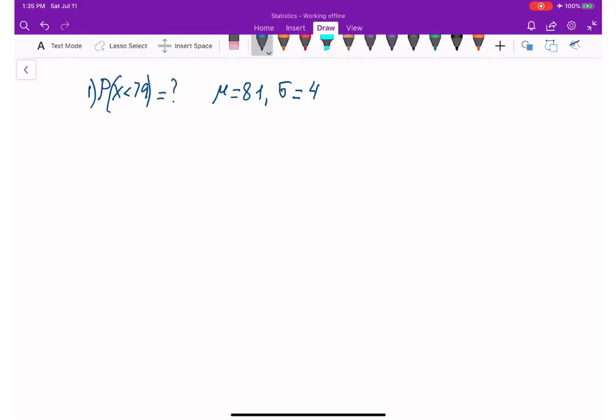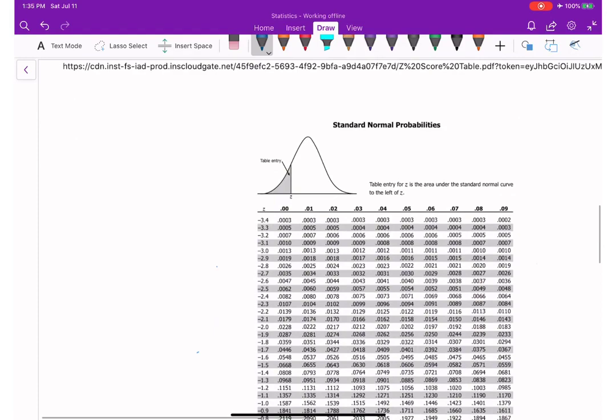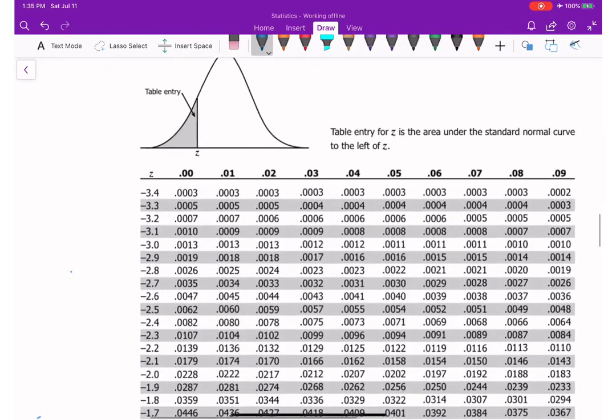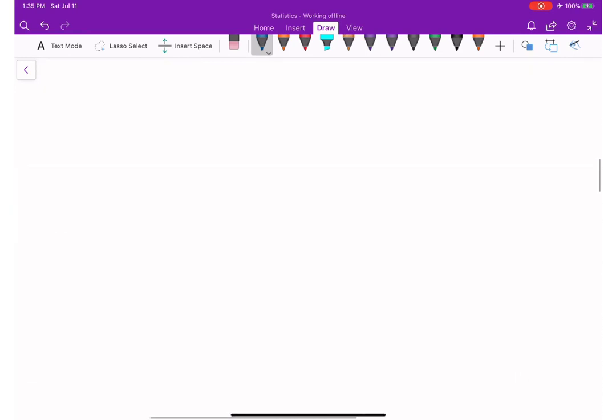Okay, so first of all, we know that access to the Z-score table we can have only through Z-score. With the data we have, we don't have direct access to the table. So at this point, we are going to calculate Z-score first.